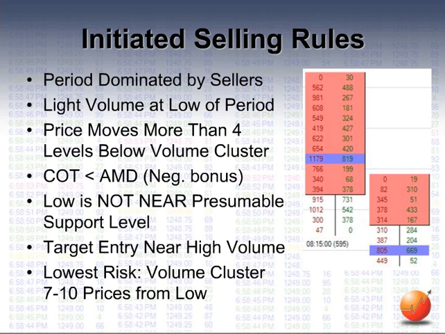Now the rules that we use when we're looking for a short opportunity from sellers initiating trade are these. We obviously have to have a period dominated by sellers. Okay?